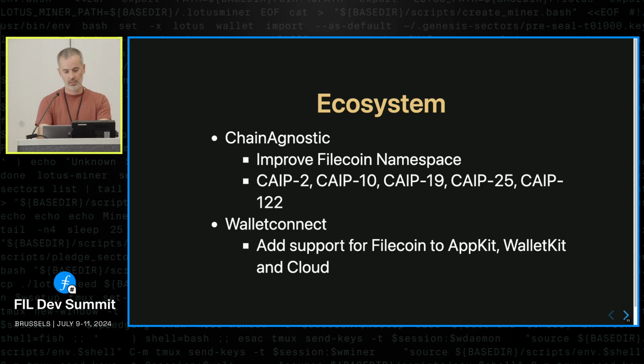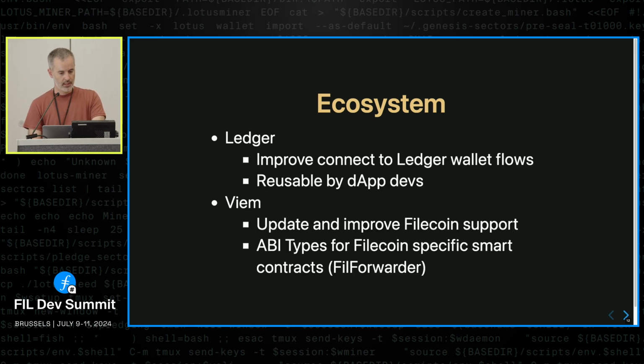As I said, an example is Wallet Connect. We need the namespace to be proper, so Wallet Connect can support Filecoin properly in all the kits they have, and in the cloud accounts, so we can interact with Wallet Connect and support Filecoin.